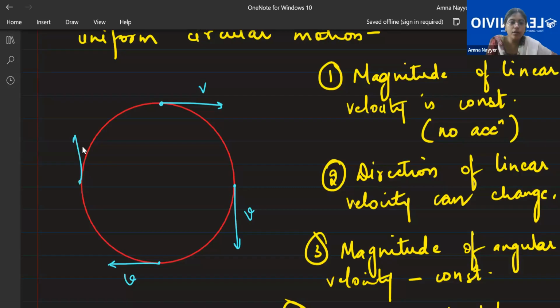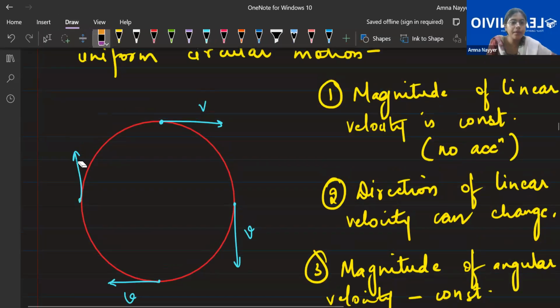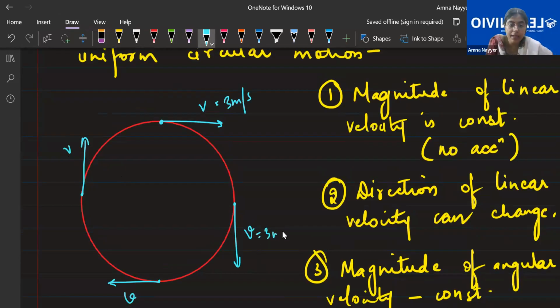At this point also it will be v. Let's say this is 3 meter per second. This will also be 3 meter per second, not 2.9 or 3.1. Okay. This is the first condition.